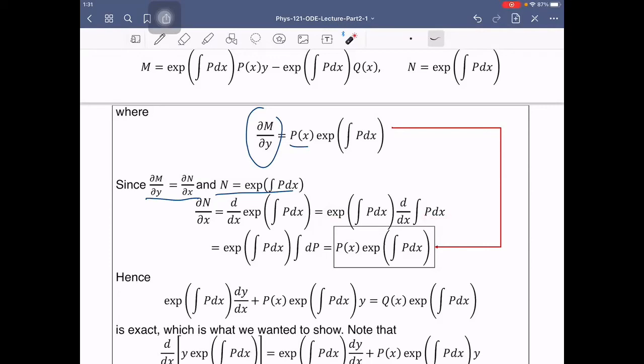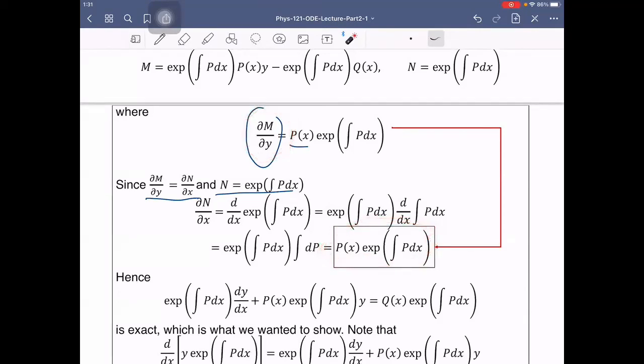Okay? So, anong pwedeng gawin? Okay, we still have this one. Okay? And then if we take the derivative of this integral, you can see na magka-cancel out to, tapos magiging p na lang. Alright? So, we still have p of x times e of integral of p dx, which is exactly the same as m of x y.